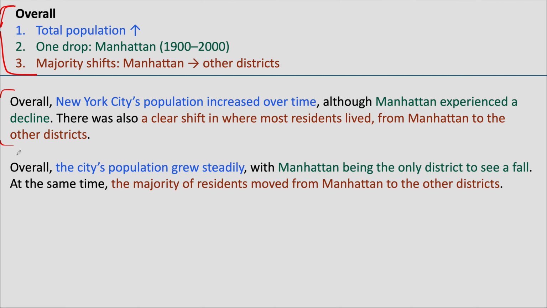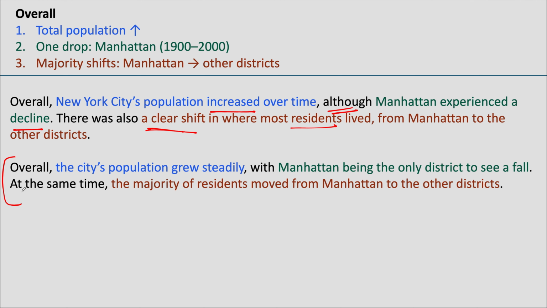and these are 2 different ways to write it. In the first overview statement, the ideas are linked using although. It first mentions the overall increase and then the one decline. After that, the shift of where the residents lived is mentioned. In the second overview, the same ideas are written in a slightly different way.